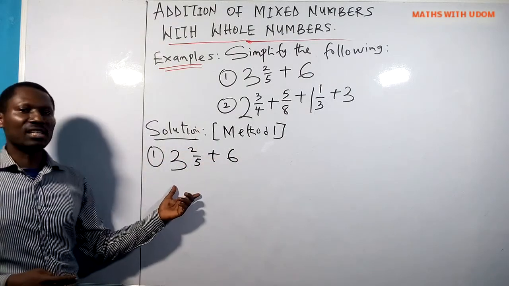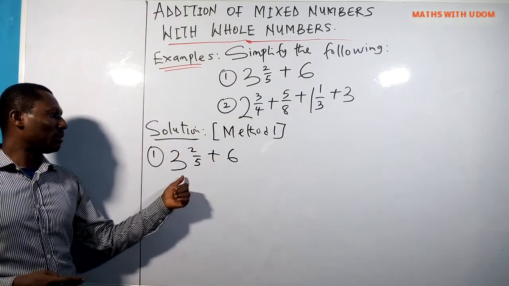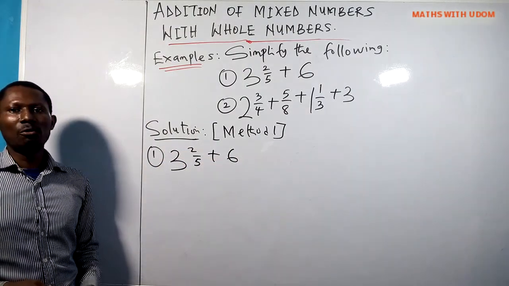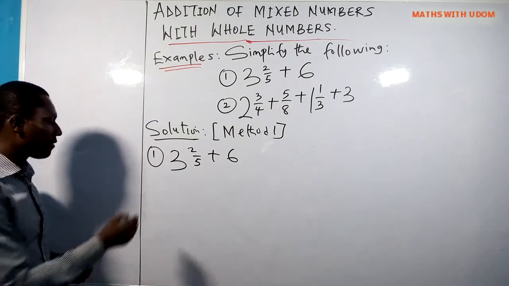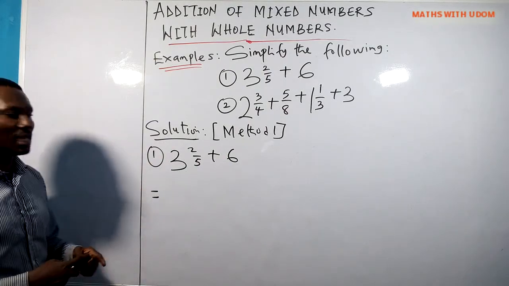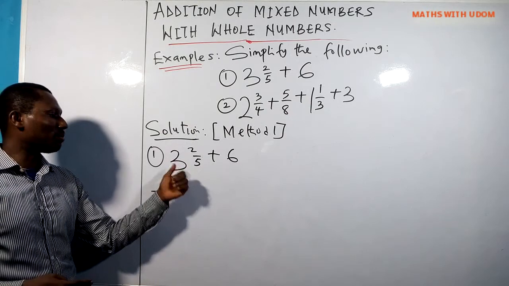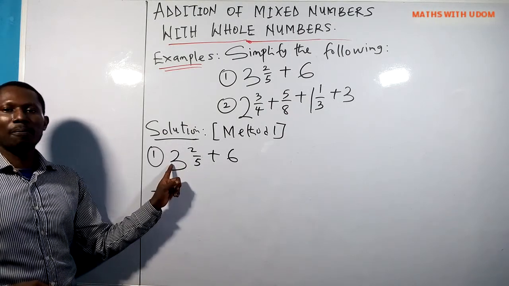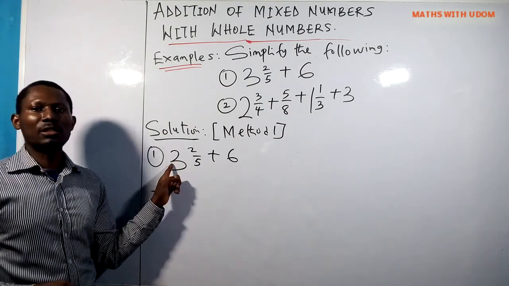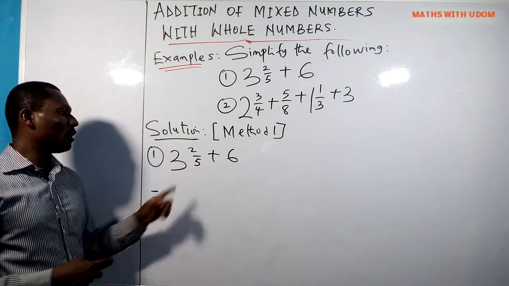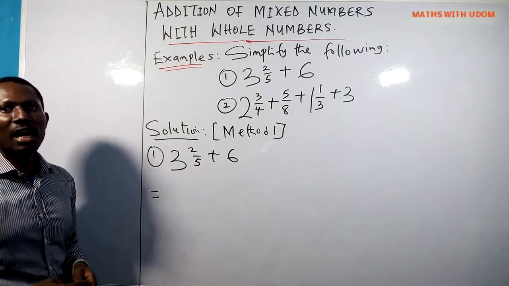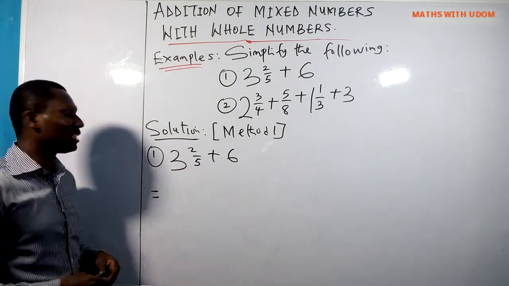So if you look at this example, we have the mixed fraction with whole number. So the first method is that we're going to multiply the denominator by the whole number. So 5 times 3 will give us what? 15. So 15 plus 2 will give us what? 17.